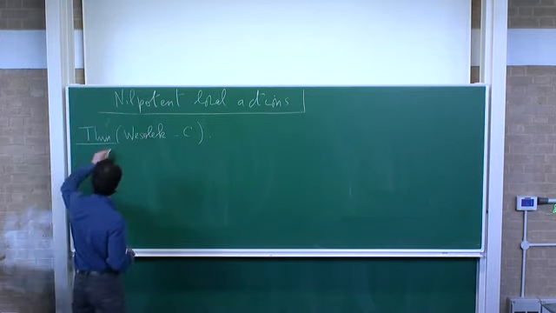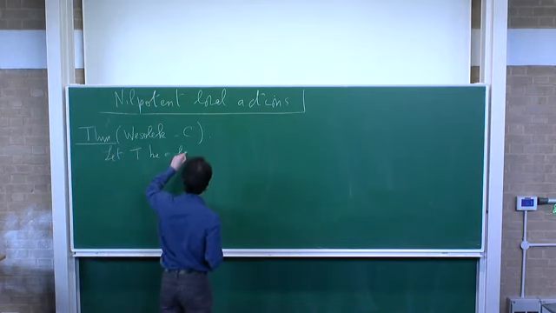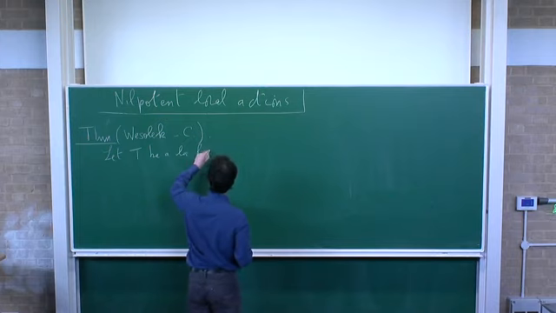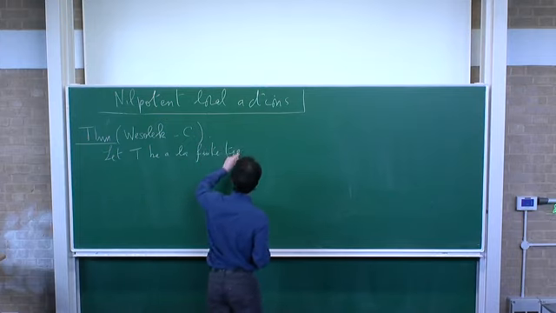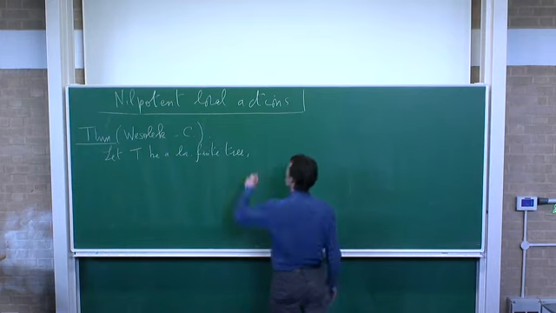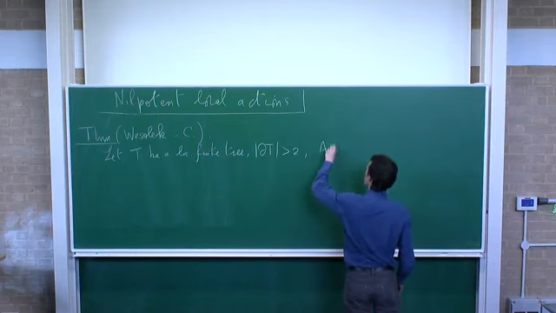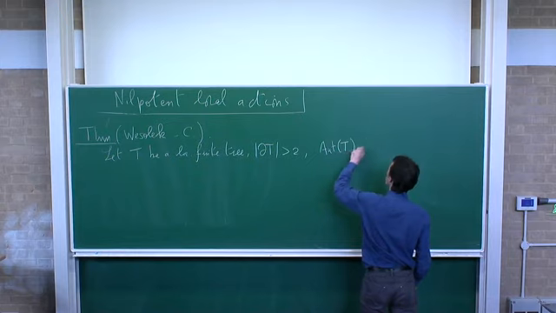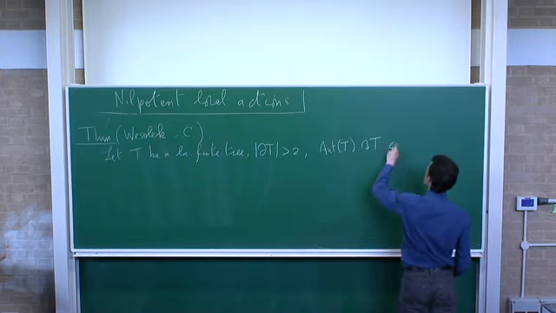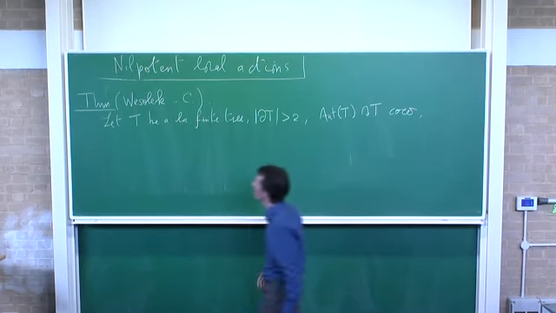So let T be a locally finite tree with more than two ends, and the automorphism group of T acts co-compactly, for example, a D-regular tree.